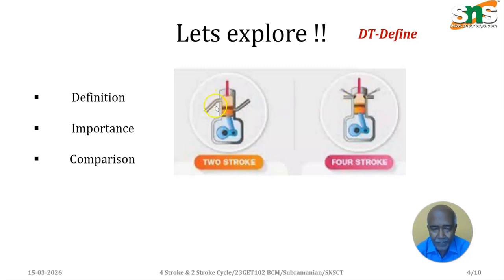Here, in the 2-stroke engine, the air-fuel mixture is mixed in the carburetor and then put into the engine. In comparison, in the 2-stroke engine, every 2 strokes or every 1 revolution gives 1 power stroke. Here, every 4 strokes or every 2 revolutions gives the power stroke.